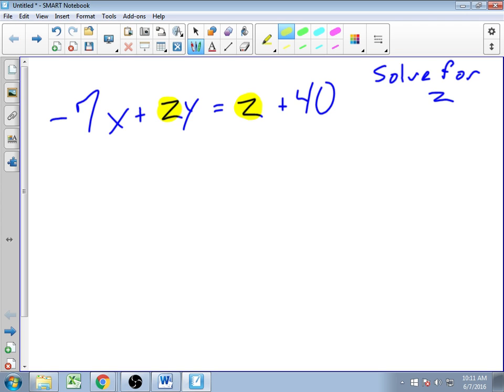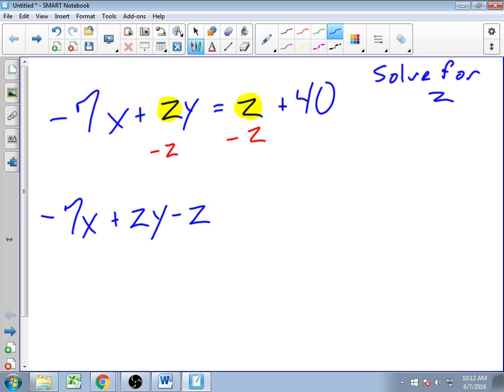So to get this z over to that side, what do we do to move it? Subtract it, right? We just have to get rid of it from here and from over here. But when I do that, remember, these are not like terms because this is zy and this is z. They're two completely different terms. So my left side now becomes negative 7x because that did not change, zy because that did not change, minus z now, and my right side is only 40.